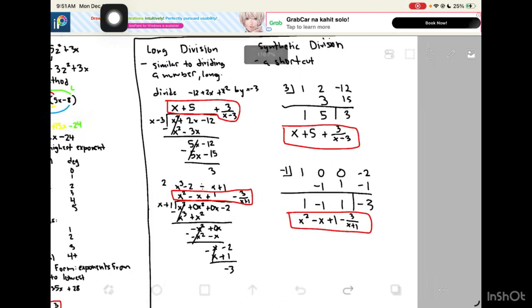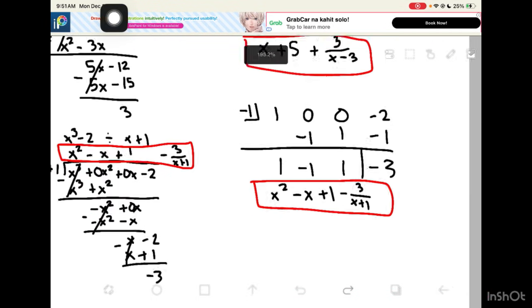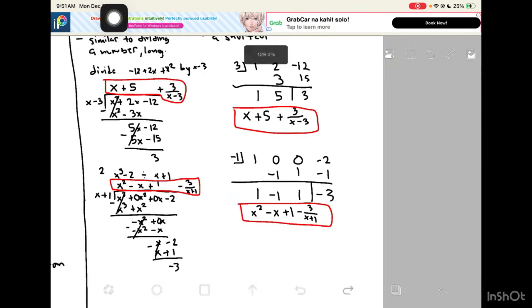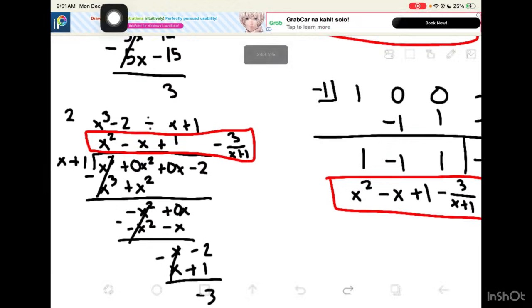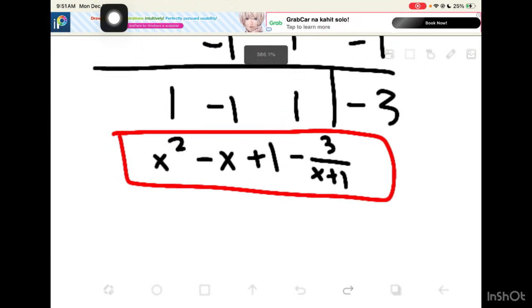And you can actually use this. You can actually make x equal to 0 in your divisor. As you could see, negative 1. And then you can just evaluate the polynomial with x is equal to negative 1. And that will give you negative 3. So that's what you call remainder theorem.